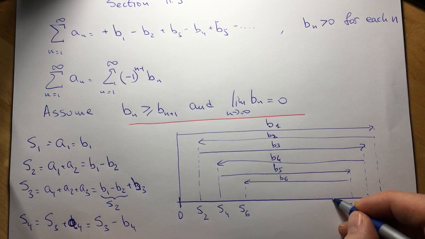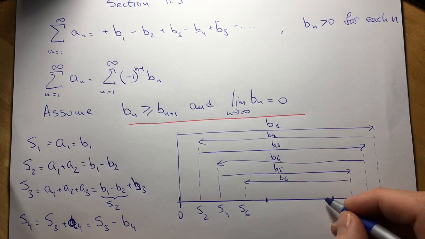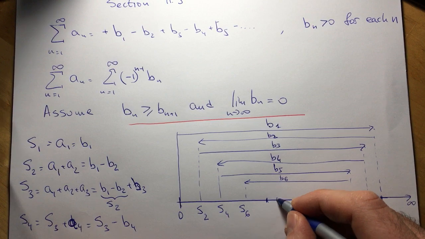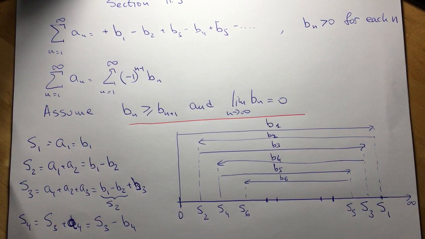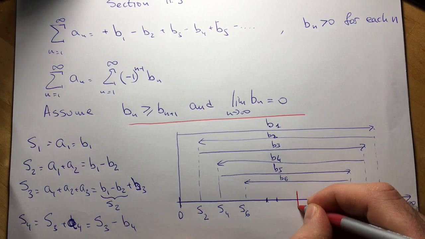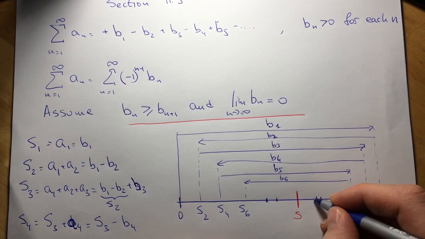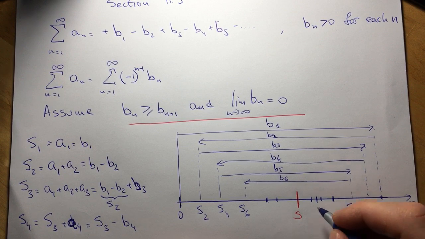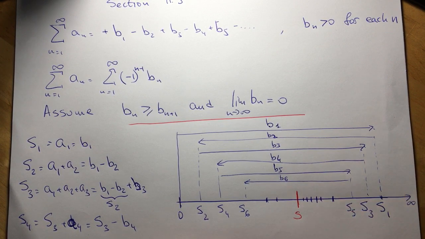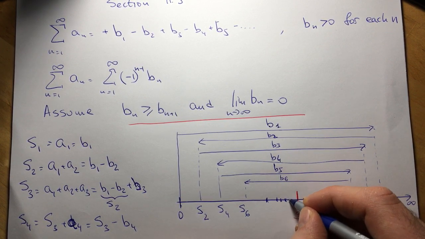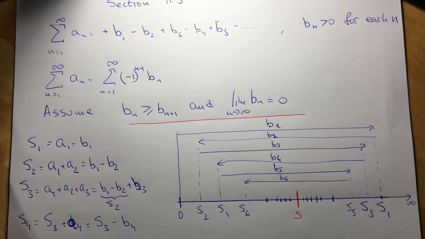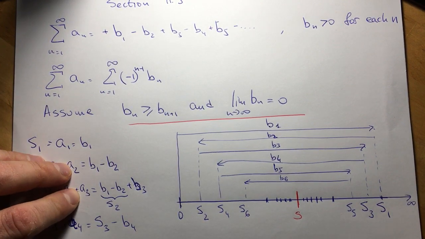And then this is going to be s7, s8, s9, s10, and so on, until we reach some value s. The odd partial sums are going to approach s from here, and the even partial sums are going to approach s from here. So let us prove this.